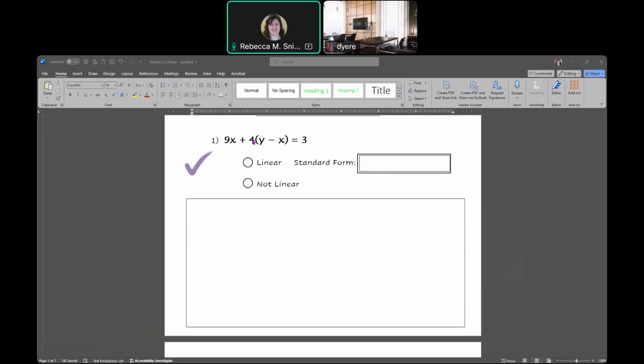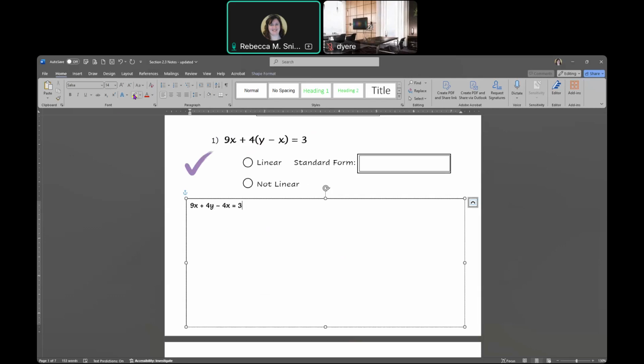So here, the first thing I have to do is take this 4 out in front and distribute it through my parentheses in order to change my equation. So this is going to become 9x, and then we're going to have plus 4y minus the 4x is still equal to 3. With this, we have to combine our like terms.